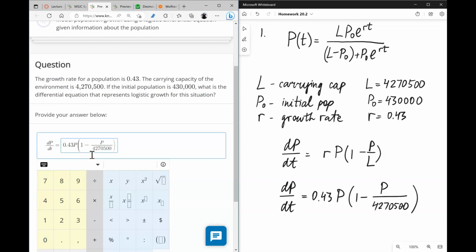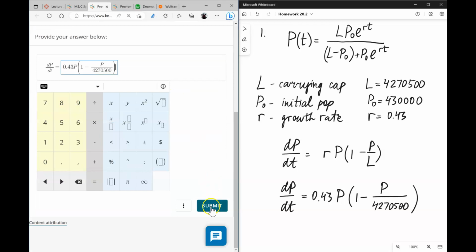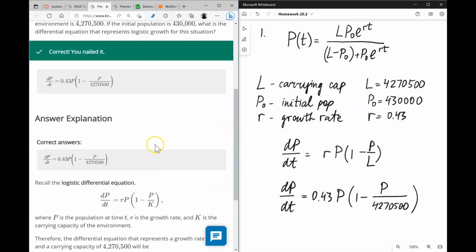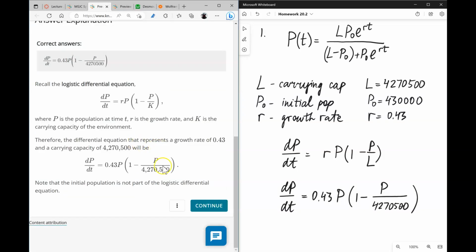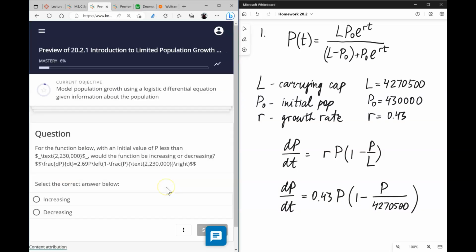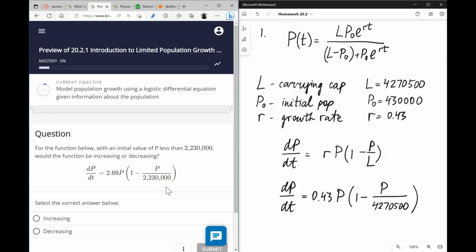And if they don't like it, we'll put a comma and add the initial value. Oh, they did like it, but I was ready to also throw the initial value right in there.